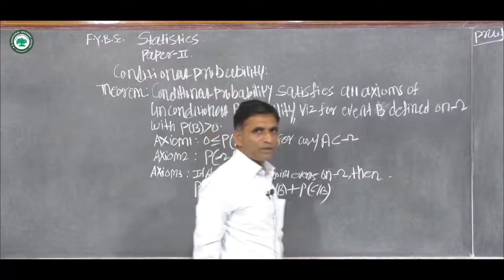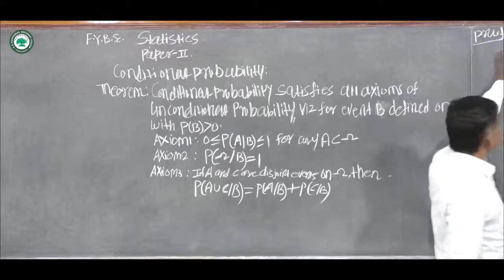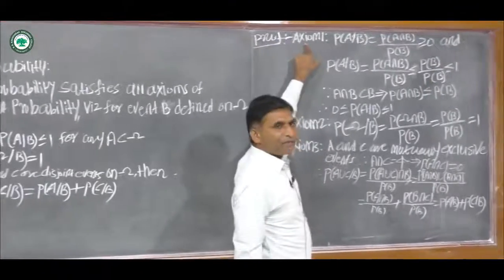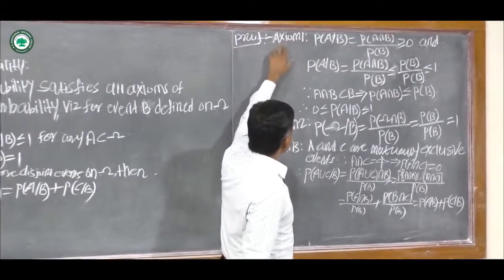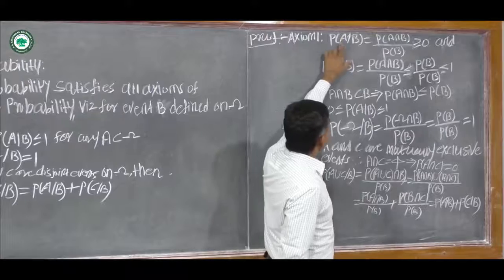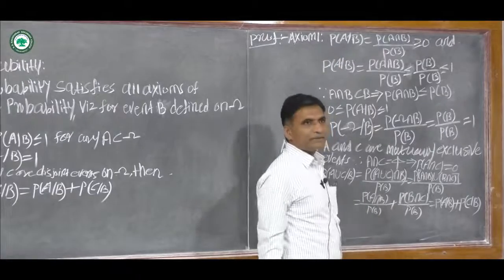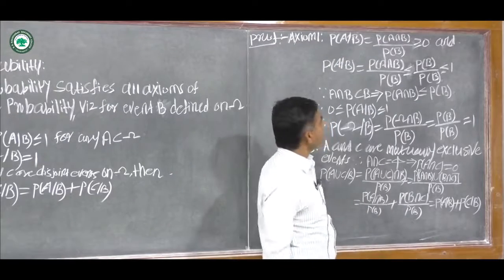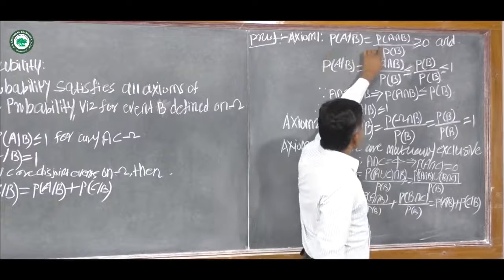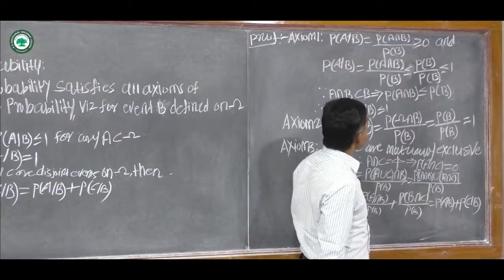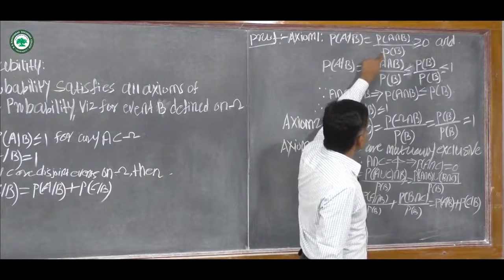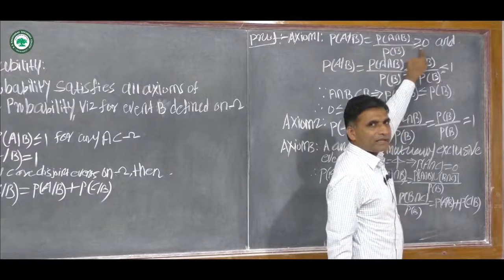Now the proof of this theorem, starting with axiom number 1. The proof is for the probability of A given B. By using the definition of conditional probability, we have the probability of A intersection B upon the probability of B, and this probability is greater than 0.